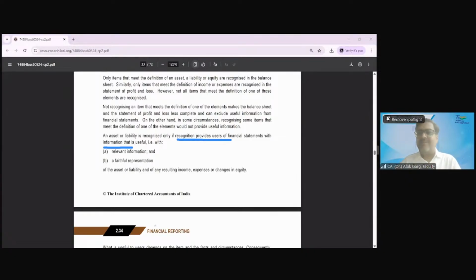And what makes the information useful? Relevant information and faithful representation. It says that the information has to be relevant and should be presented faithfully.